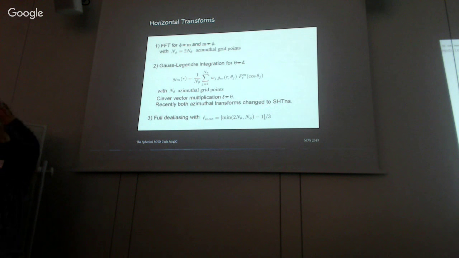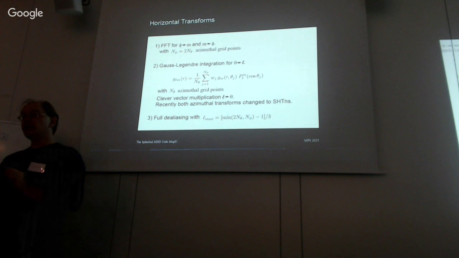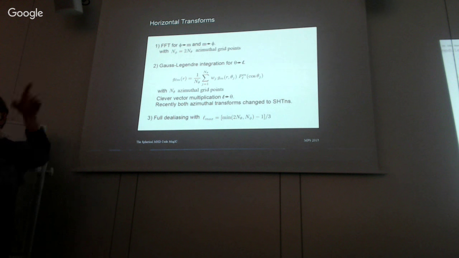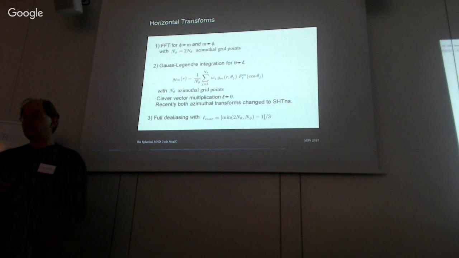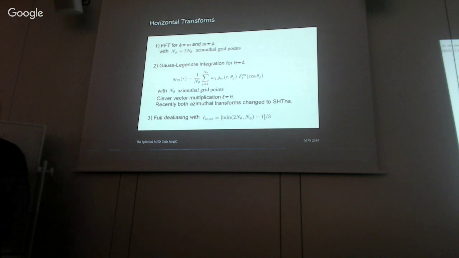You avoid this by choosing more grid points, then you transform to the spectral representation, and then you don't use the highest spectral modes. You throw them away, basically. These modes could potentially be a problem, but you don't consider that. So you're just left with the good part of your spectrum, where the under-resolution hopefully doesn't matter.